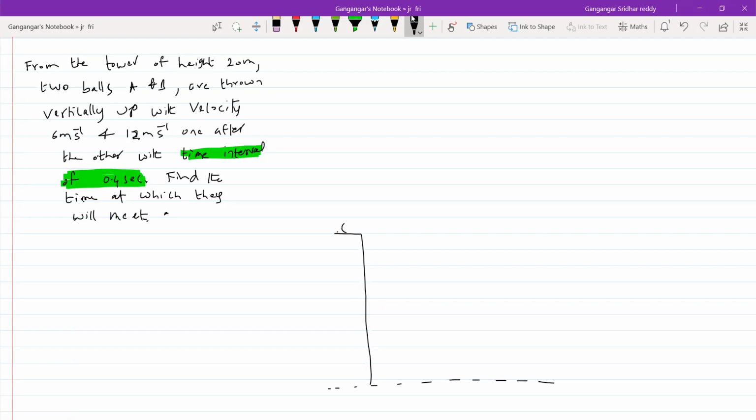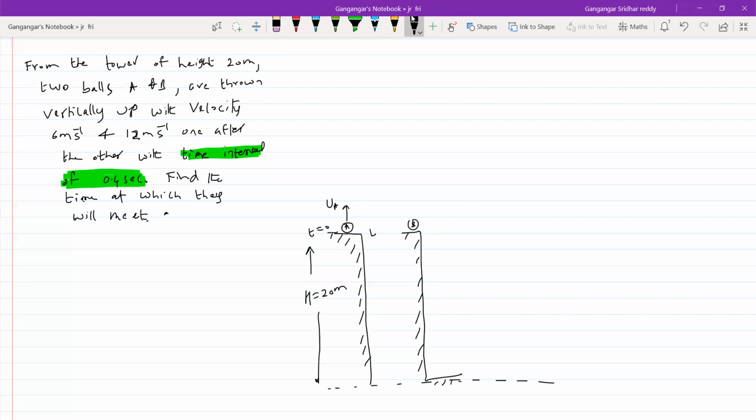So first ball A, I'll throw it with UA, at t equal to 0. Now you can construct a small diagram, it will help you a lot. This is the height of the tower, 20 meter. Then when will ball B be projected? Ball B will now come into the picture after 0.4 seconds.